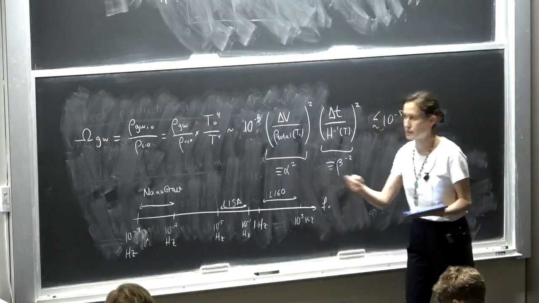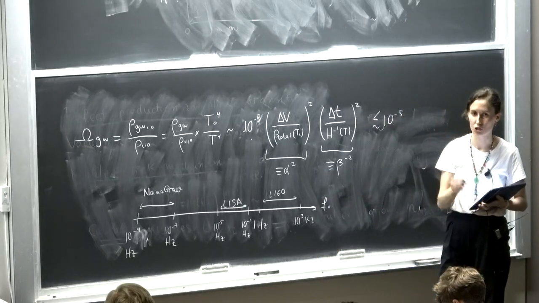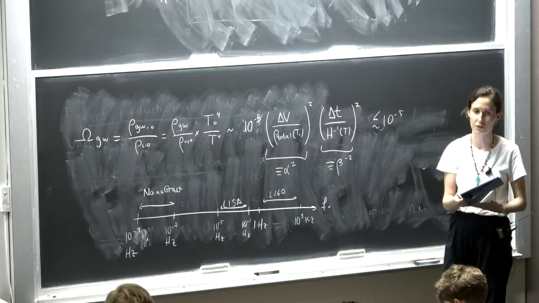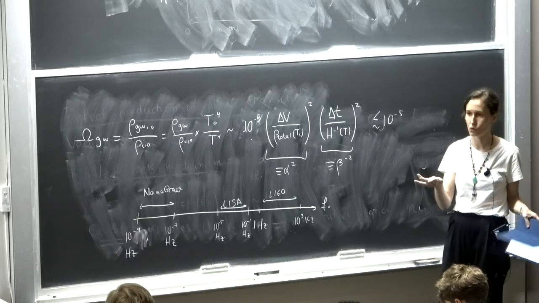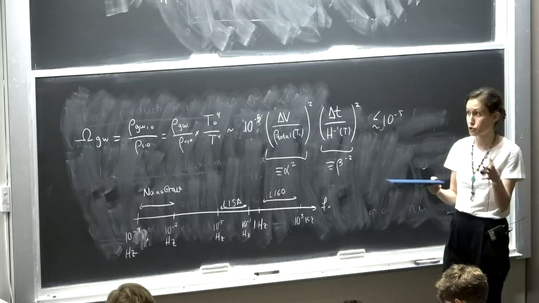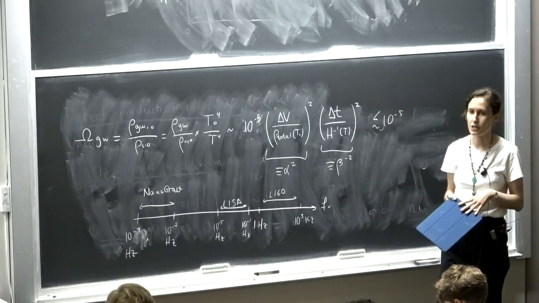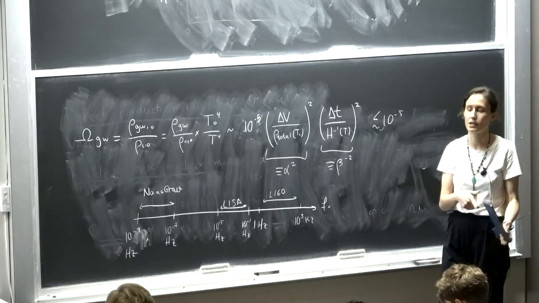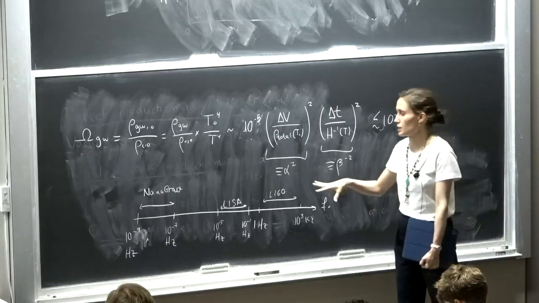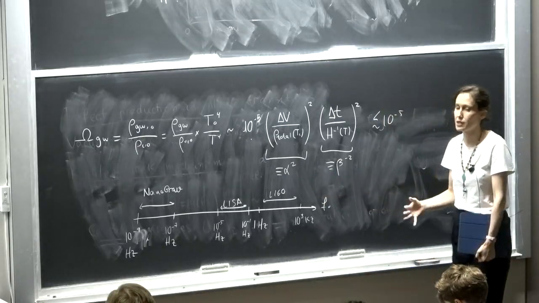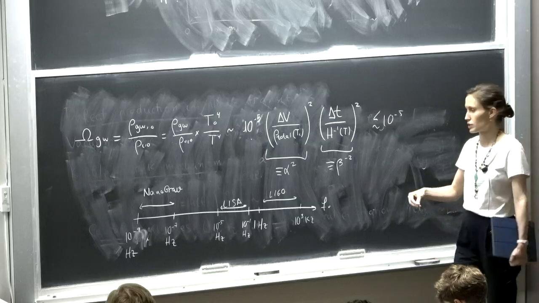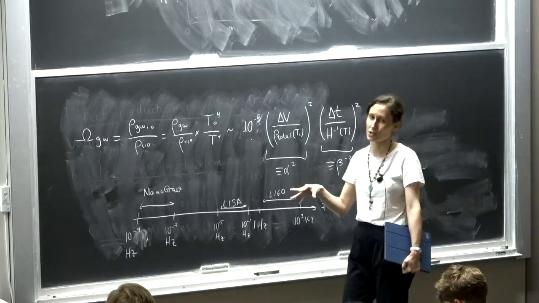I mentioned that in the standard model, both the electroweak phase transition and the QCD phase transition are not first order. They are very smooth equilibrium processes. I also told you yesterday the standard model contains no topological defects. This means, in particular, that within the standard model itself, there is no way to produce a stochastic background of primordial gravitational waves.